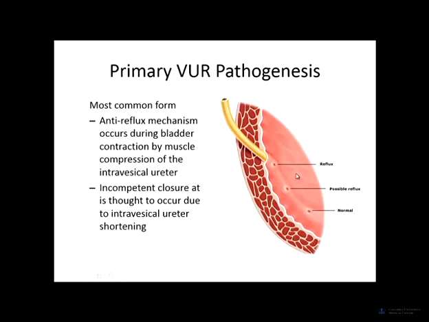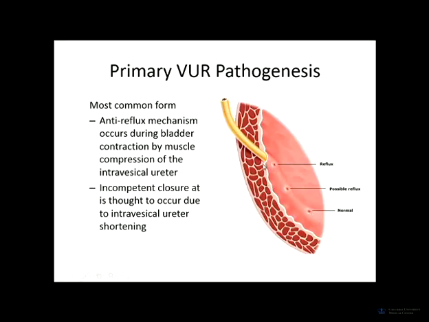The pathogenesis is really unknown. This is one theory. There's an anti-reflux mechanism that occurs during bladder contraction. So here's the ureter, and it's going through this muscular wall, and it's tunneling through the wall of the bladder.